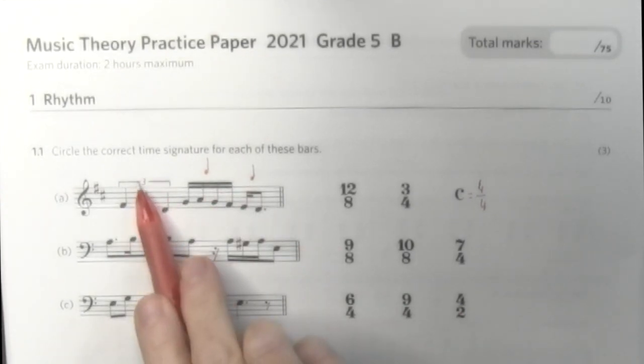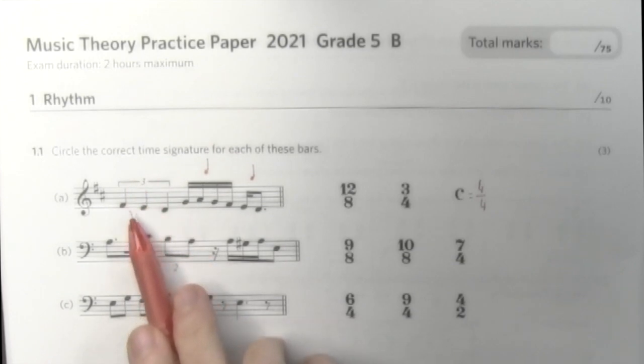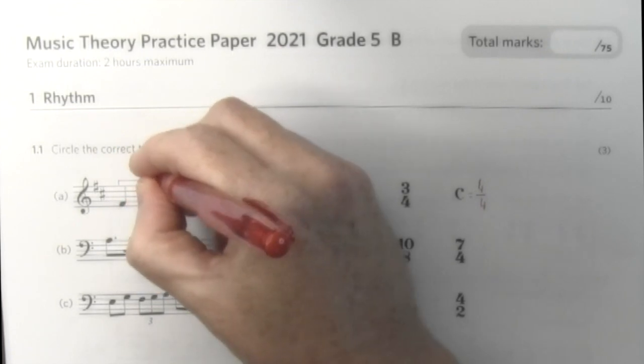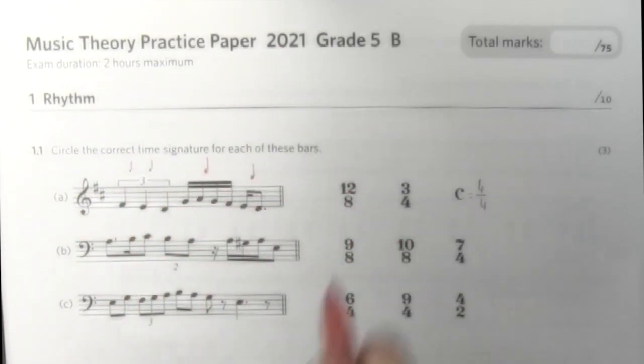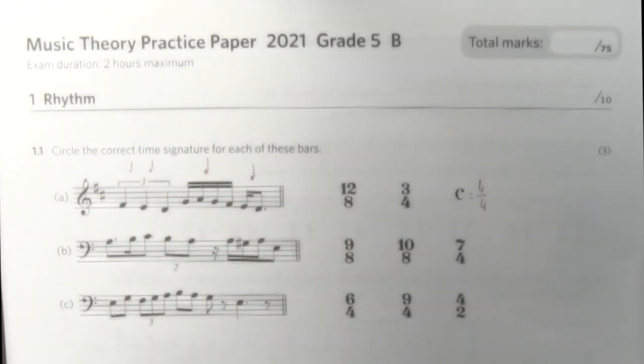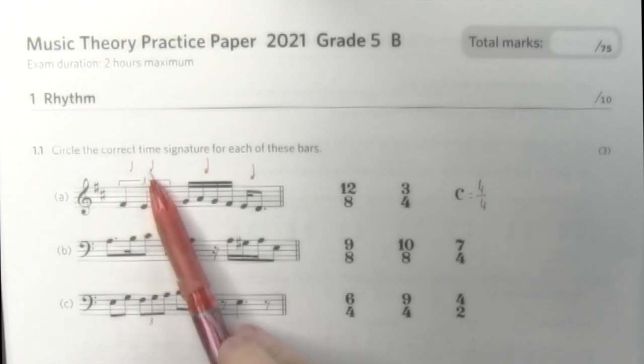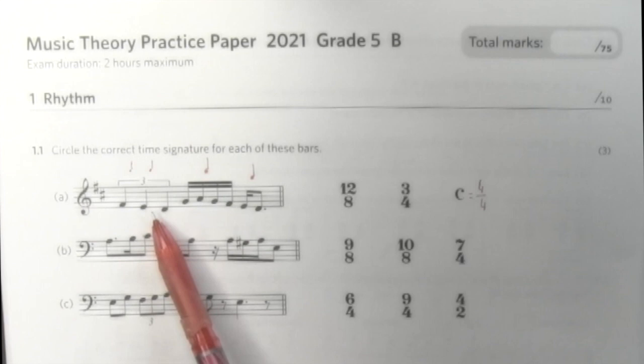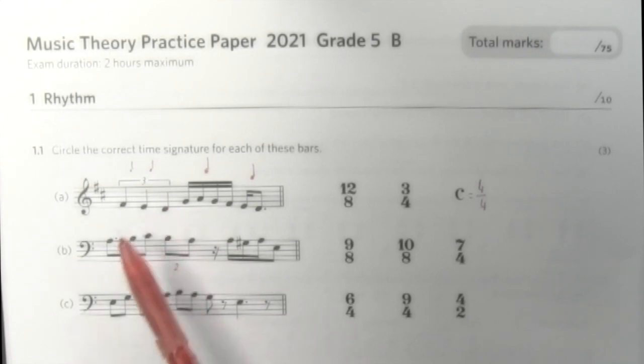Because this is a triplet, it means that it is 3 crotchets in the space of 2. It is irregular, and if you want to double check this, imagine you have 3 seats and you fit 2 people, or the other way around. And if you want to know this better, go and watch the chapter of grade 3 that talks about the triplets and the duplets in compound time.